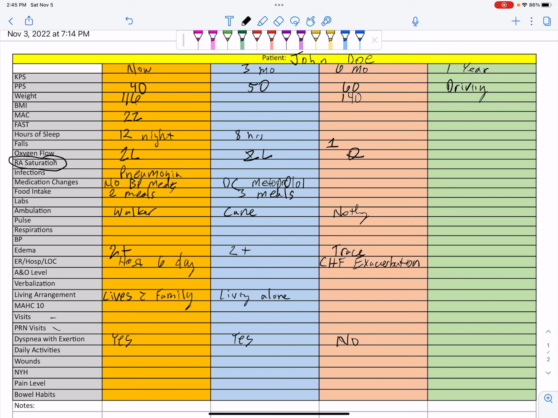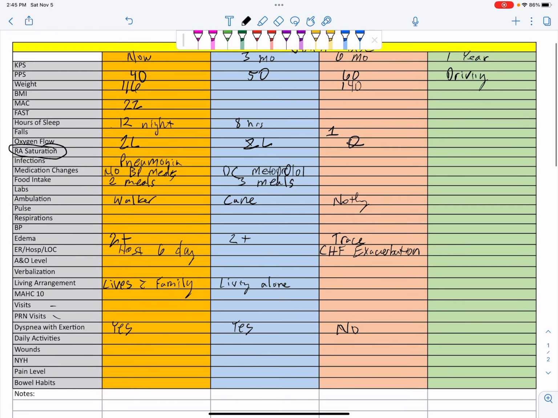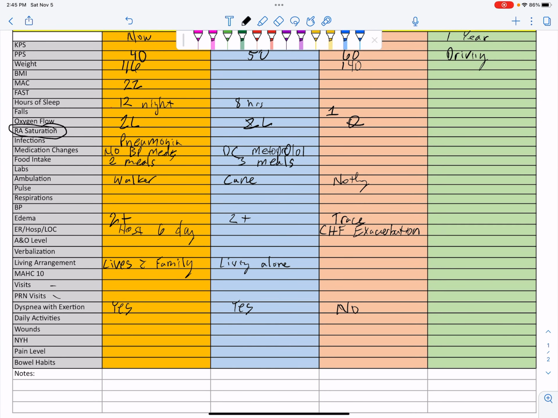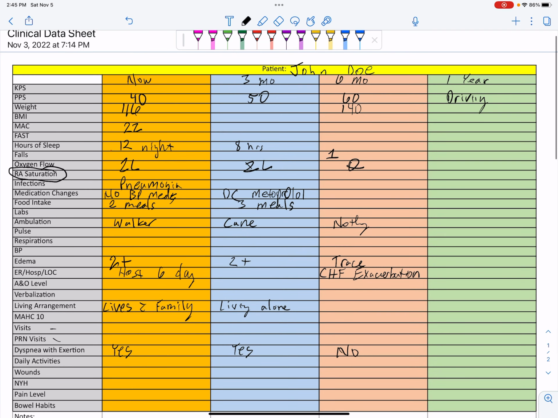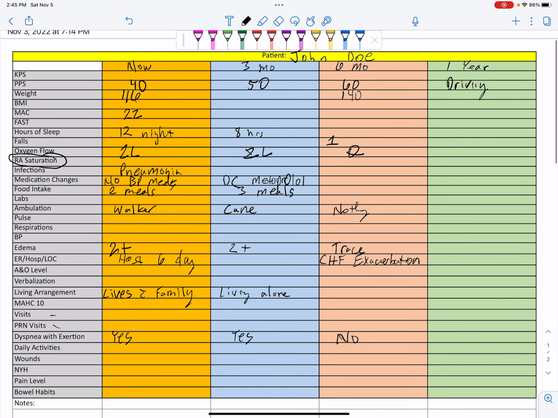You can go down through here and say that 6 months ago he was 60% PPS, and 6 months ago he weighed 140 pounds. 6 months ago was sleeping 8 hours at night, now sleeping 12, and 6 months ago not on oxygen. And you just work your way completely down the list, talking to the doctor, and the doctor's like, yeah, this patient's changed a lot in the last 6 months. And so we do think that they qualify now.